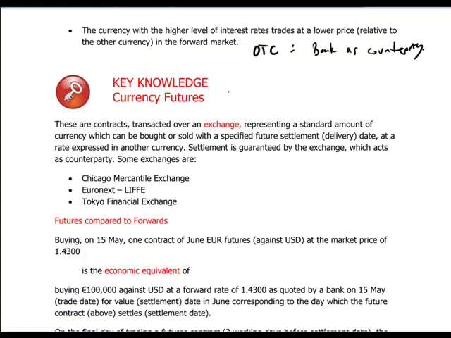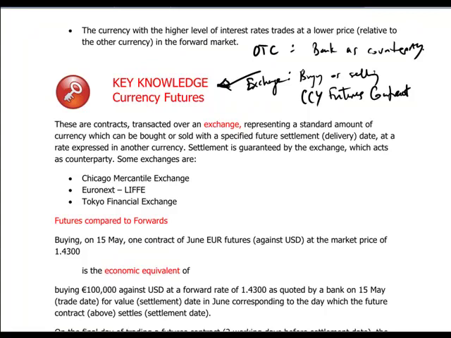And now, in this section, we talk about currency futures, which means that the same transactions can be done, but they are done through the mechanism of buying or selling a so-called currency futures contract on an exchange. So let's just put here exchange. Exchange traded instruments, one of them being a currency future.